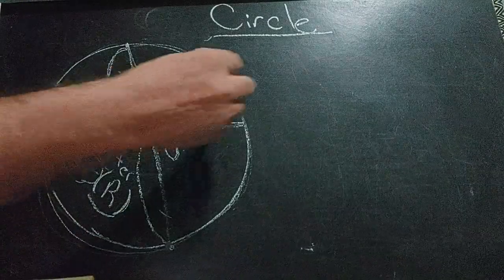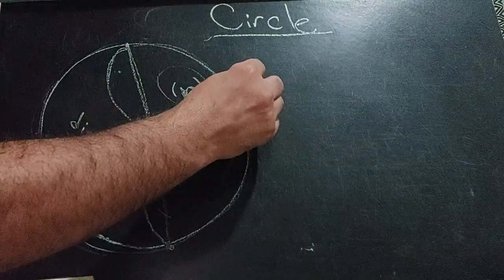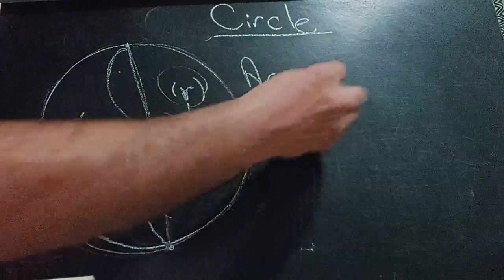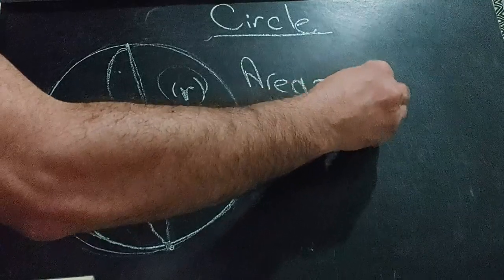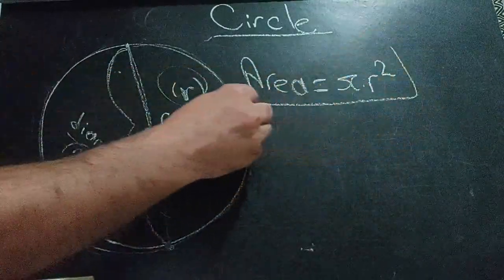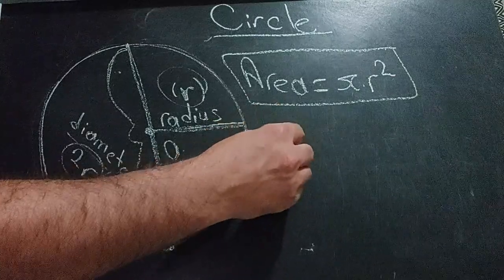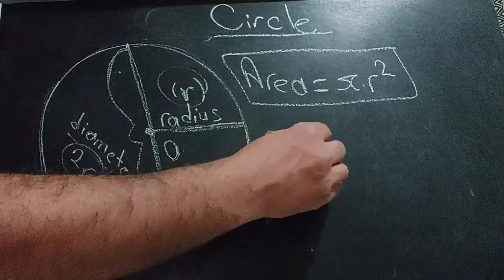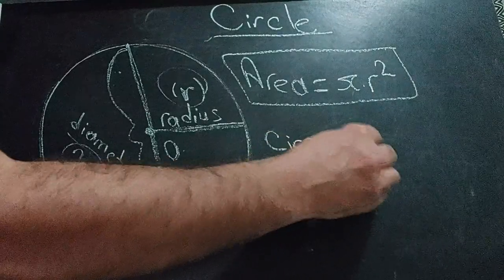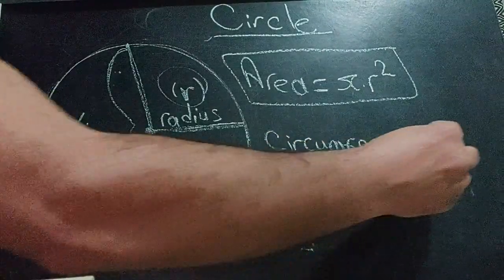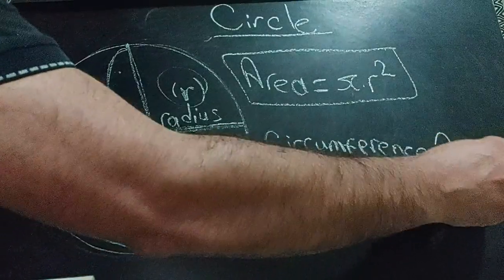Alright, now formula. Area of circle is pi times r square, and circumference is going to be 2 times pi times r.